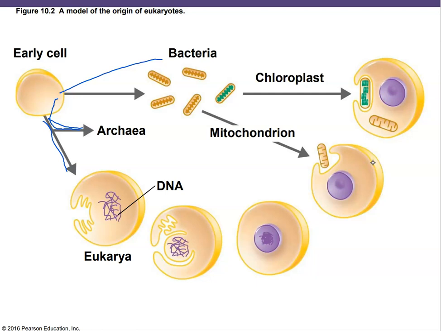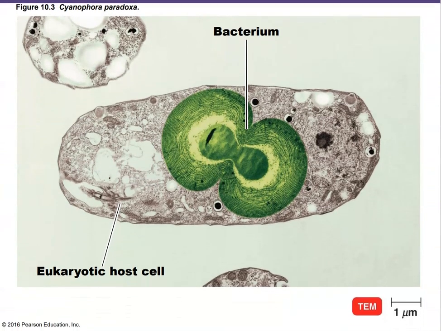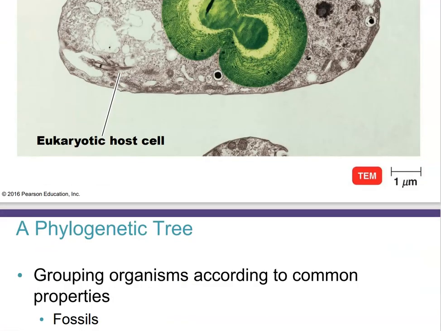They're not just parasitic and living there for free, but they're doing a job. The chloroplast does the job of photosynthesis, and mitochondria do aerobic metabolism. So here there is a eukaryotic host cell, and then there's a bacterium inside of this eukaryotic host. It's an interesting image.